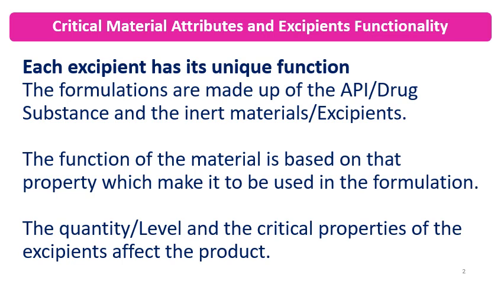The quantity, level and the critical properties of the excipients affect the product. Affect the product means that the critical property of the raw material or excipient affects the manufacturability, processability, and also the critical quality attributes of that formulation. For example, disintegrant.